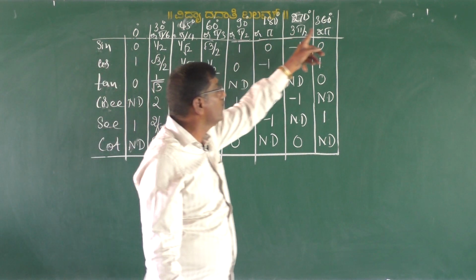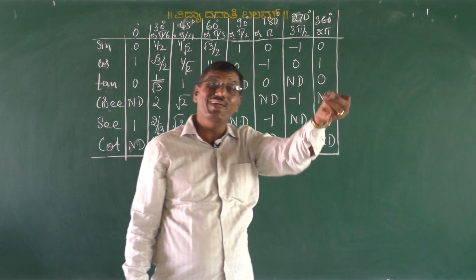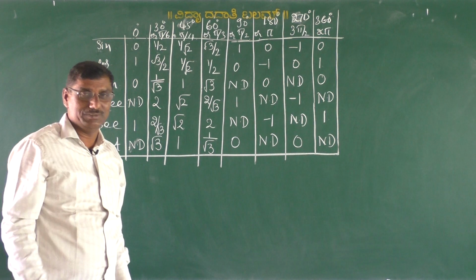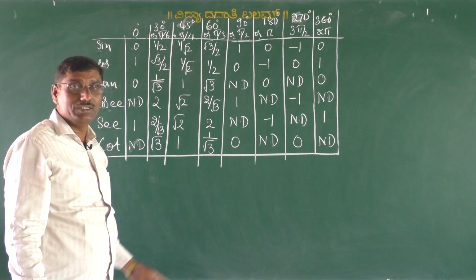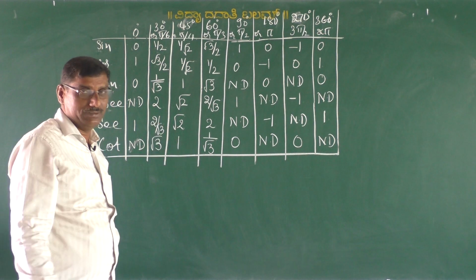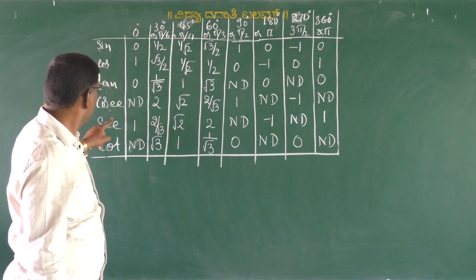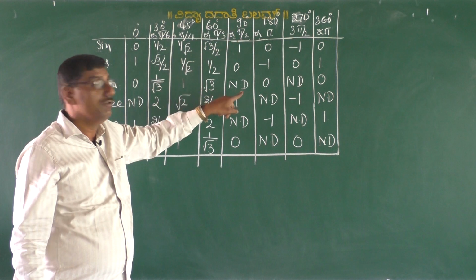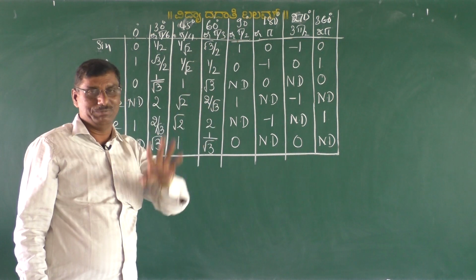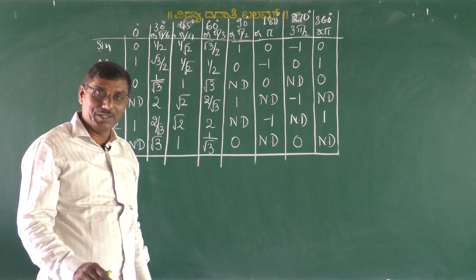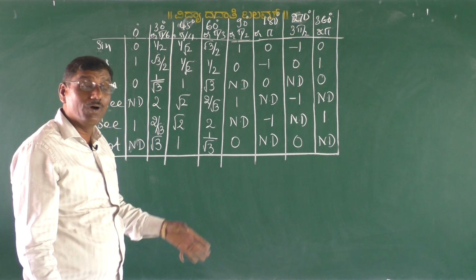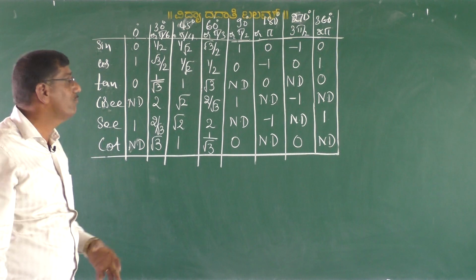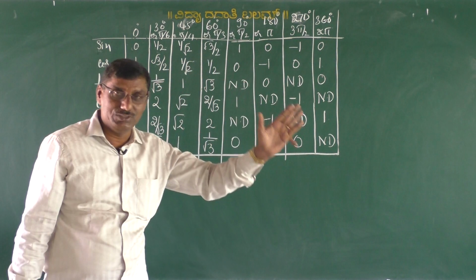We can give the domain as the set of all reals, my dear students. Under some, for tan at 90, it is not defined. We can define that later, that is the domains and range of the trigonometric functions.